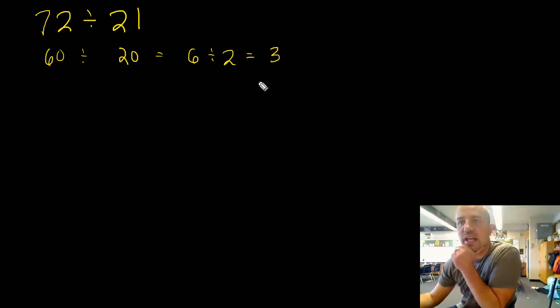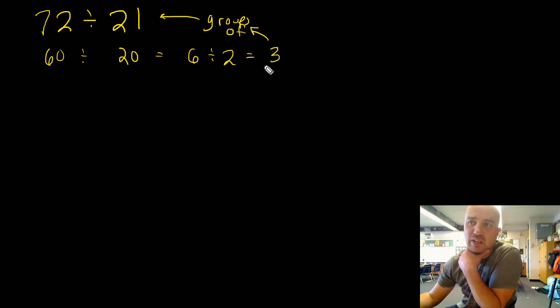So now I can say to myself, this 3 represents 3 groups of 21. When I take 72 things and divide them by 21, I have 3 groups of 21. I could also say I have 21 groups of 3, and it would be the same thing.